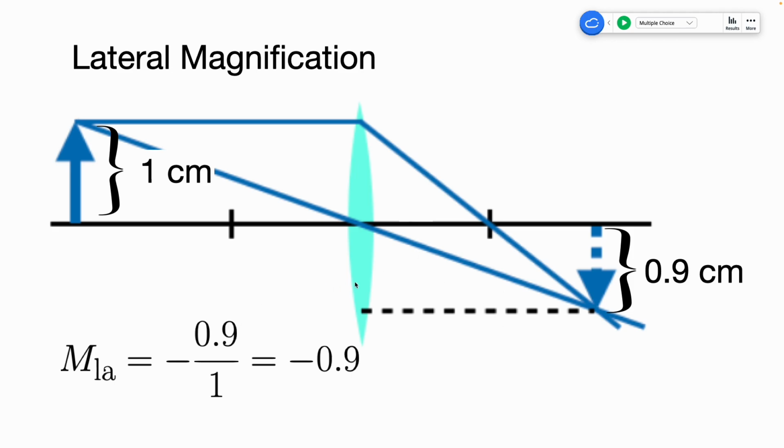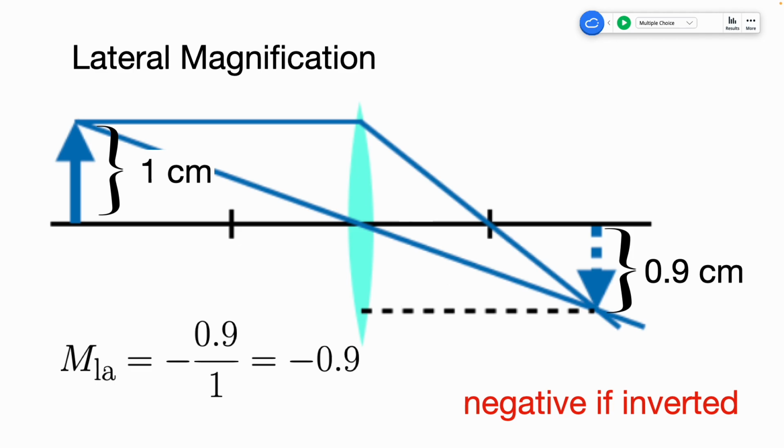Okay? That's the definition. If they are inverted, you make the lateral magnification negative. It's not like you plug in a formula. I think they do have a formula, but anyway, when you see the image is inverted, then you better give me a negative magnification. If you see a negative magnification, it means that the object and image are oriented in the opposite direction. Okay? That's lateral magnification. Any question?